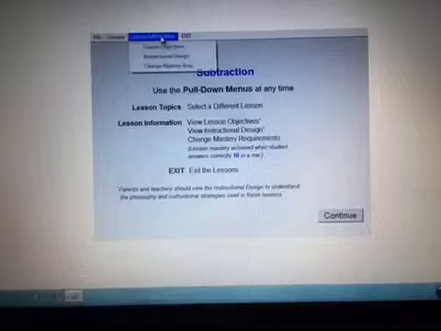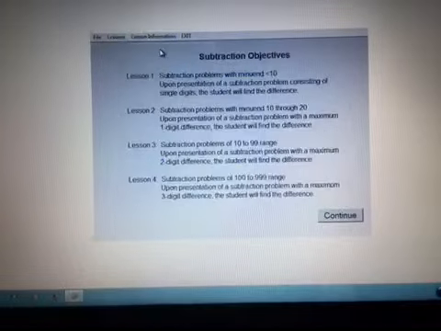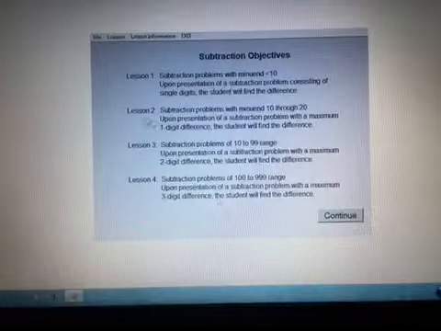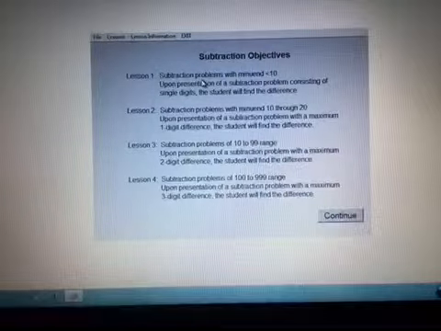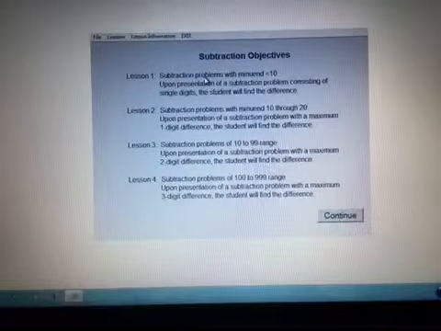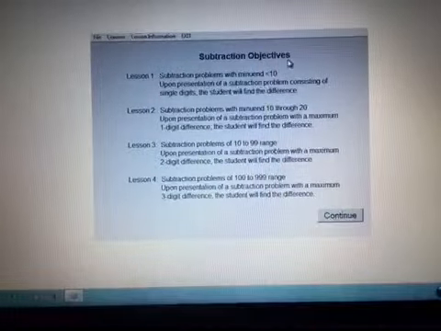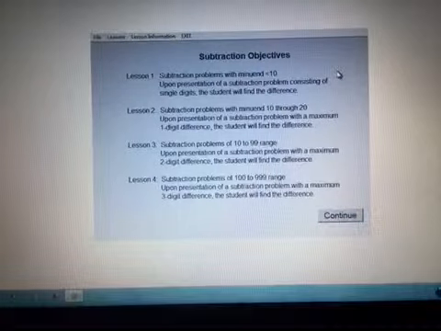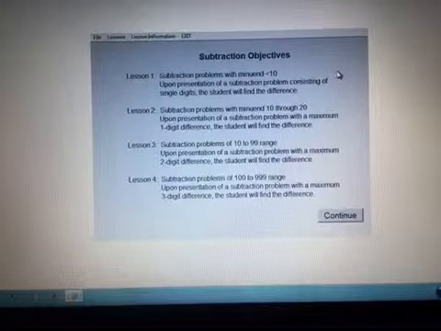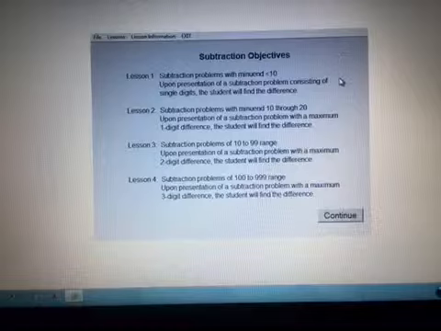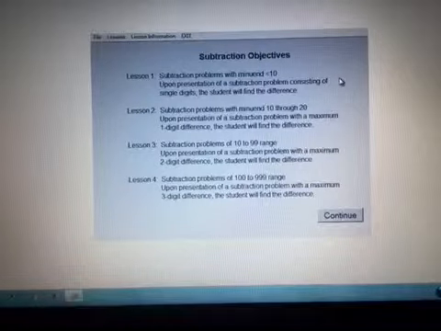Let's take a look at the lesson objectives. So we have problems that have the two numbers with one digit difference.